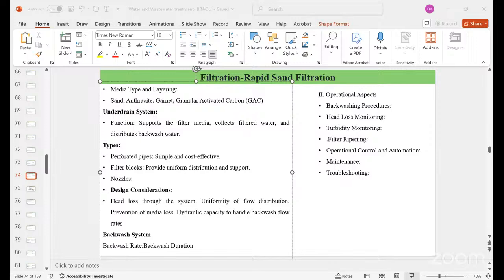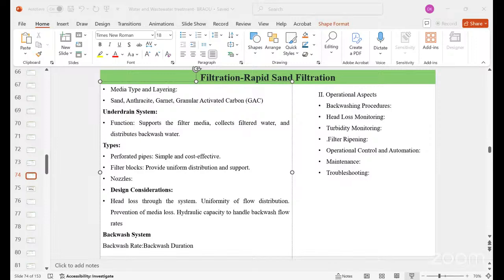there is a formation of biofilm, and also a formation of a microenvironment there, where microorganisms play a major role. Since microorganisms play a major role, there is a biological process going on, where it slowly breaks down the organic substances. If you look at the overview, it is a very simple and reliable technique.